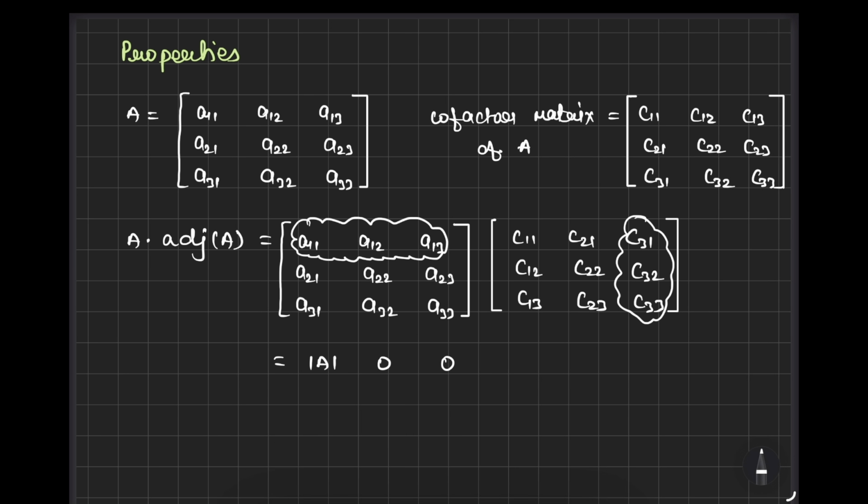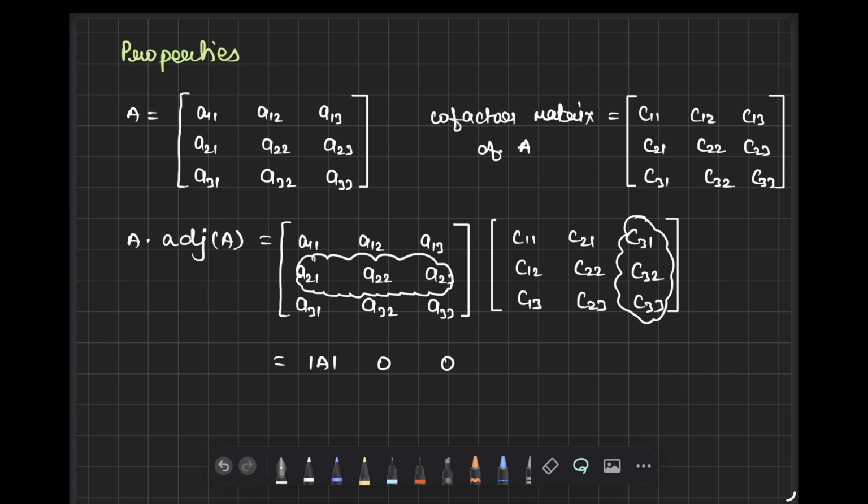Okay? Now we are done with the first. Now we will deal with this thing. So look at this idea. If we multiply this with this, we will get 0. Then we multiply this with this, we will get determinant of matrix A. Then we multiply this with this, it is not its cofactor, so it is 0.